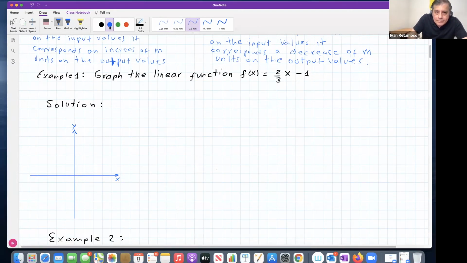Well, notice the slope will determine what is called the steepness, right? And that is just the rise over the run, right? Rise over the run. So this guy, rise over the run. Clearly the rise is 2, the run is 3.